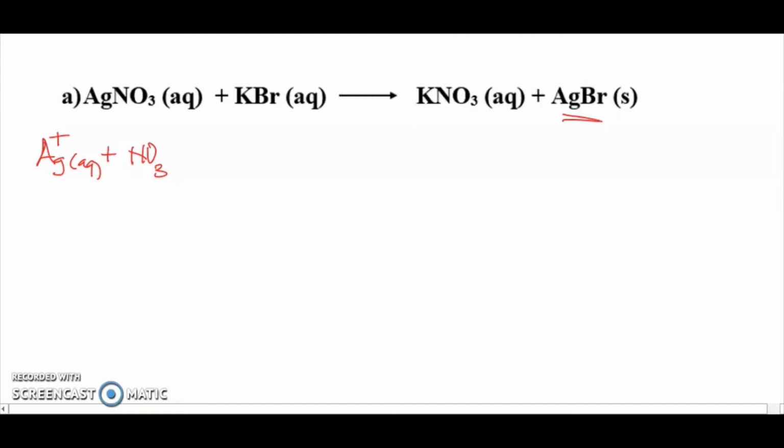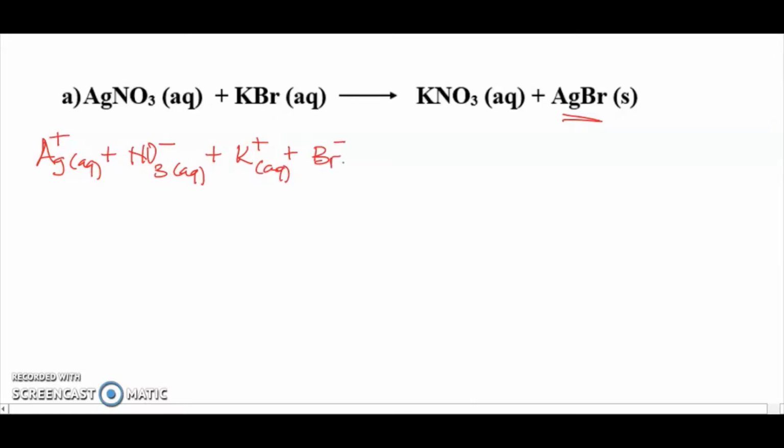What charge should we put? If silver is +1, what should be the charge on the nitrate so that they balance up? It should be -1. So we have that plus potassium is in group 1 of the periodic table, and it is a metal, it should be +1 aqueous.